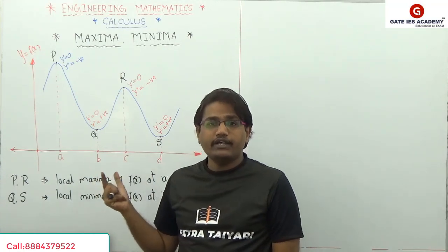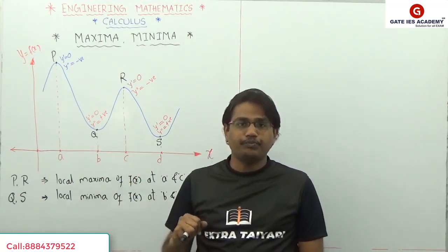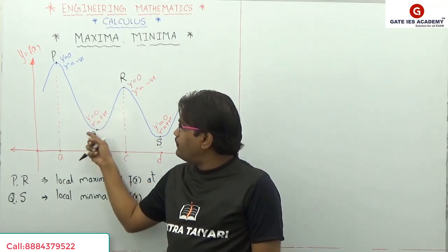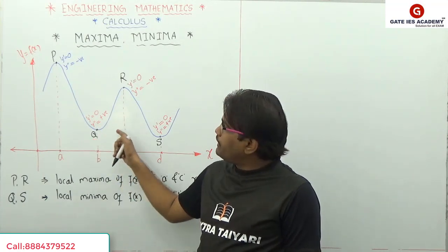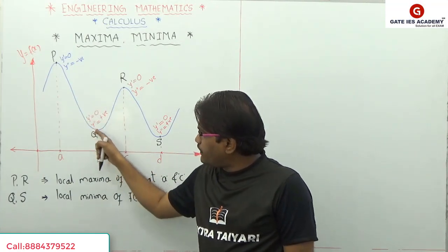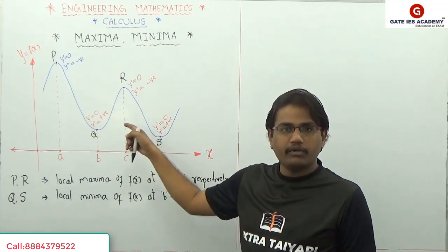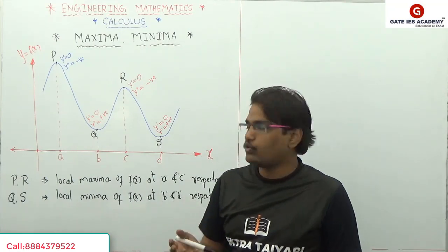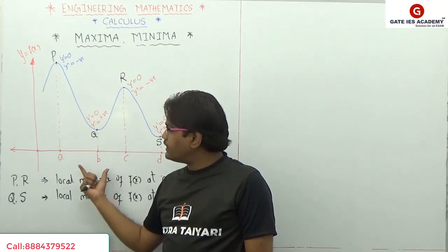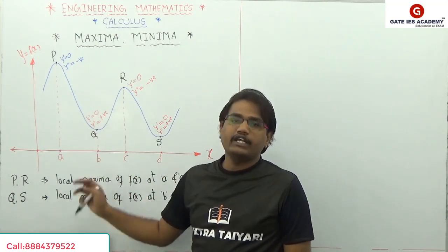At that point, if the second derivative of the function comes out to be positive, then it always has the concave shape, this shape. Here, as we observe the nature of the curve itself, it has the concave shape, so I can conclude that the double derivative is positive at this point, which is x equal to b, right? First derivative is 0, second derivative is positive.